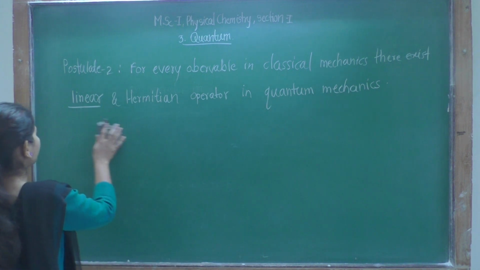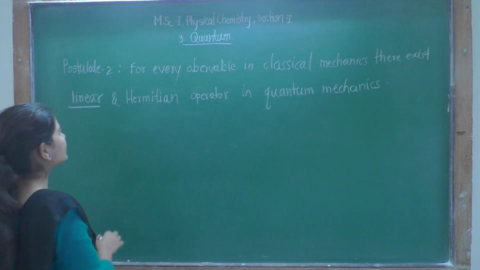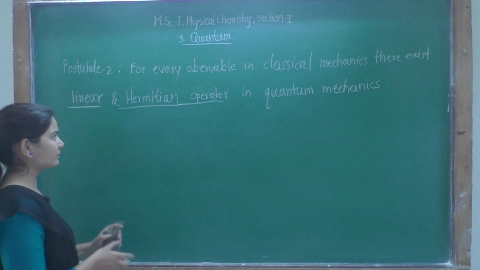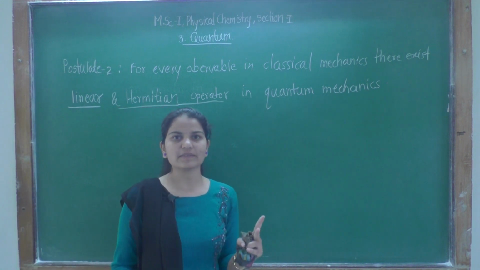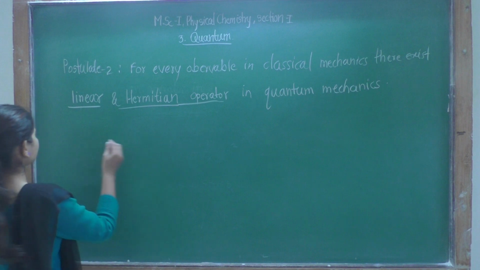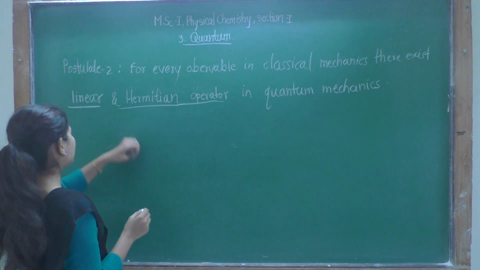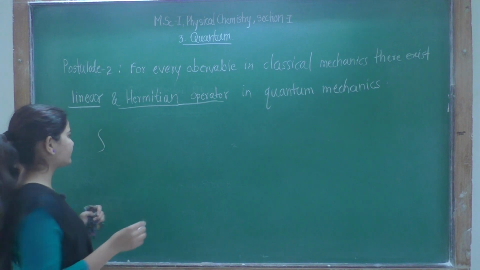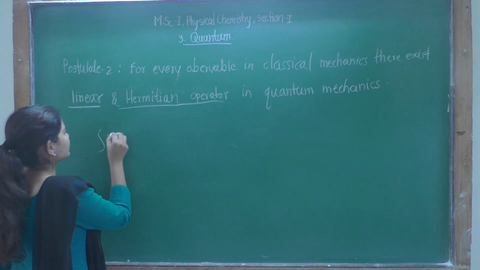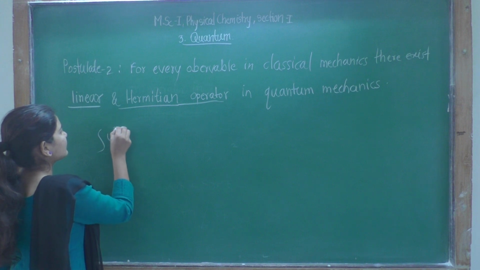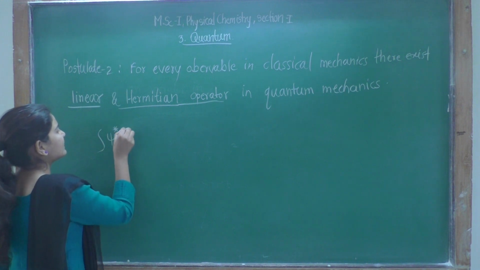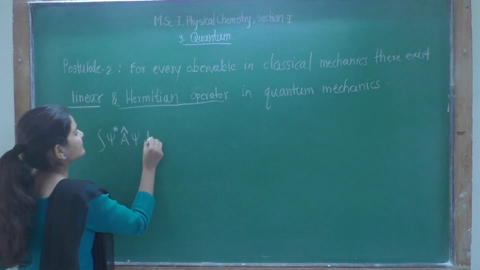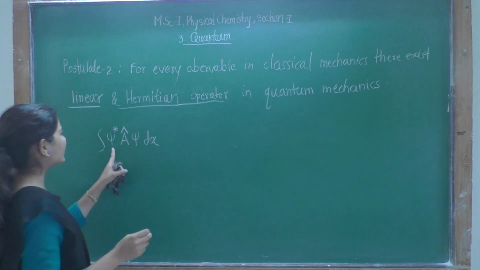Now, the most important thing here is Hermitian. What is a Hermitian operator? We are going to study it. See, there are two things. First of all, the first is so easy. If the operator follows the condition, integration of psi star a cap psi dx, where psi is a function of x, what is this psi star?